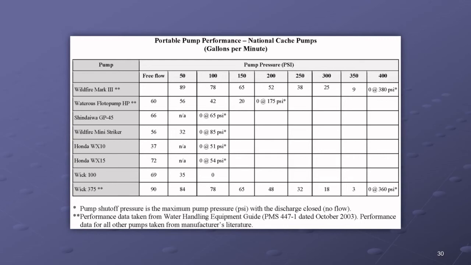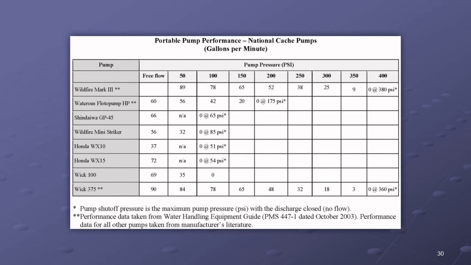So this is a pump performance chart, and for the in-class portion and even the virtual classroom portion, you will get several other pump performance charts that you can use for reference, both for the class and in the future. This one has a whole pile of small pumps in there, and then a couple of high pressure pumps.